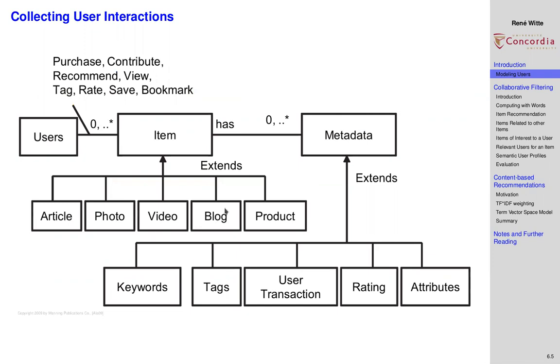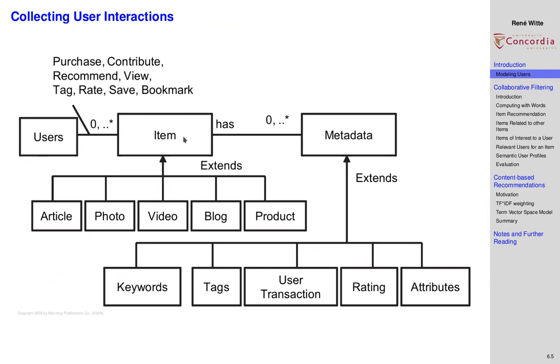Amazon is selling books and videos and basically everything nowadays, but it could also be a more focused website. It could be a movie or video recommendation service, think of YouTube and Netflix, or a music recommendation service. So the website has users and the users interact with various items.